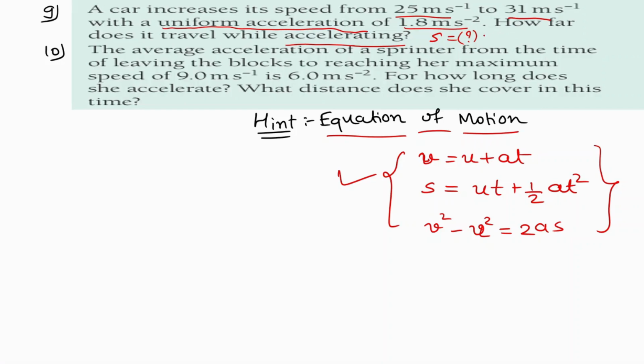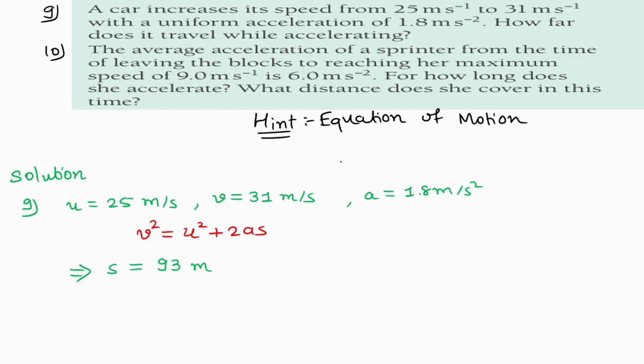Here, as I say, s is the distance. For question number 9, we have the initial speed, final speed, and a.